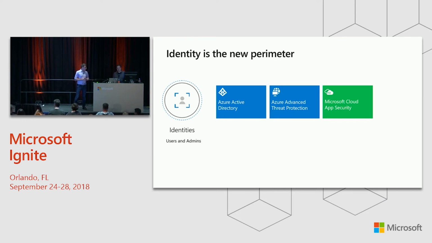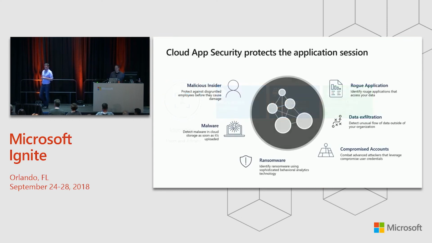So we talked about Azure ATP, we talked about Azure AD. We also have the Microsoft Cloud App Security. We're not going to drill down into Cloud App Security in this session, and feel free to take a Cloud App Security session, but we understand that Cloud App Security is actually controlling the session itself. So just 2 examples.